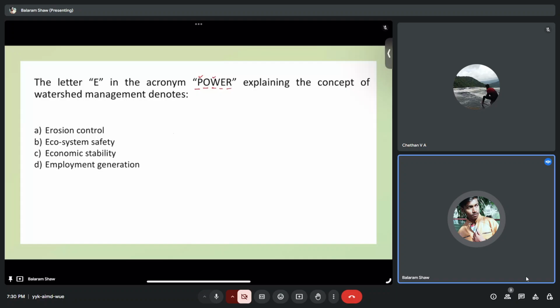If we release a large amount of water, the agriculture can get affected. Or if a large amount of water is released, the downstream area can get flooded, and so on, so many things.